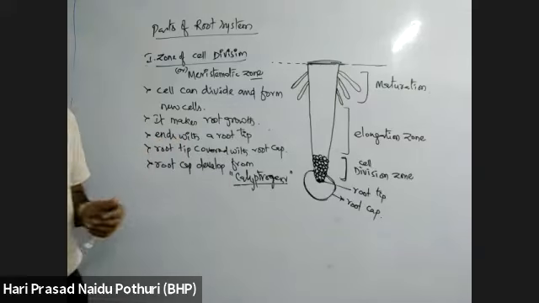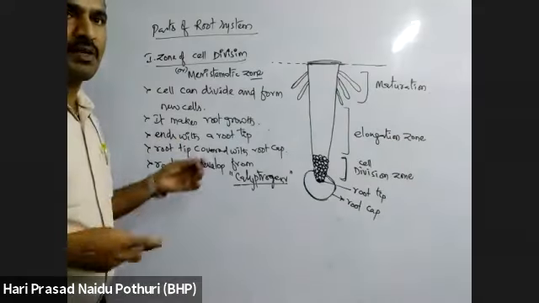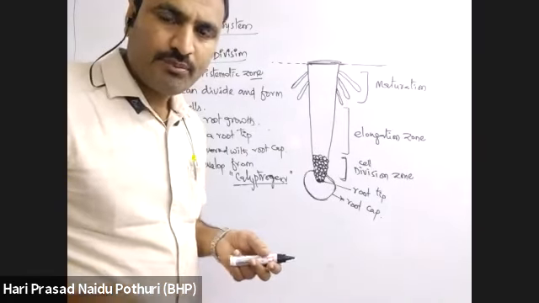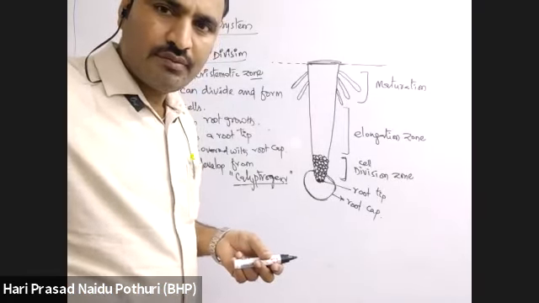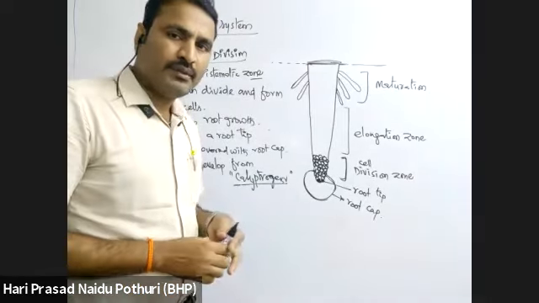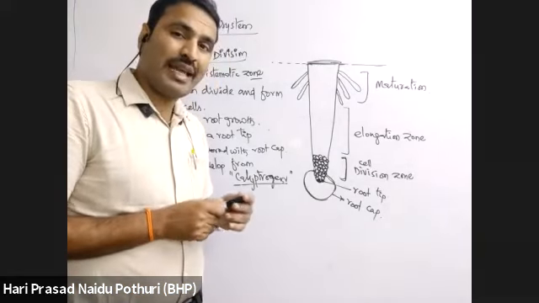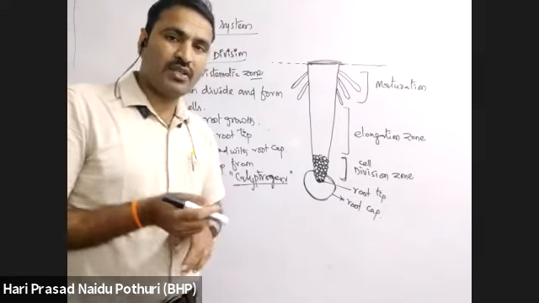And if you see how root caps are present in plants: the first point, it protects the root tip. That is one function.